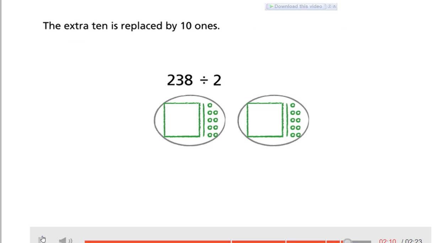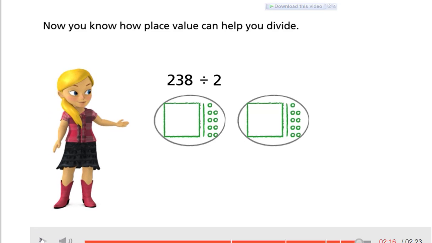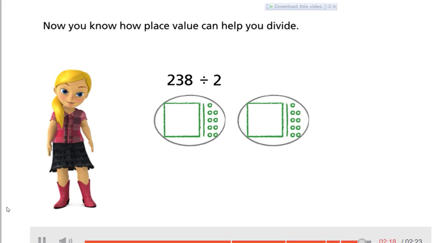The extra 10 is replaced by 10 ones. 1 ten equals 10 ones. And we have already 8 ones. Now you know how place value can help you divide. 10 ones plus 8 ones equals 18 ones.